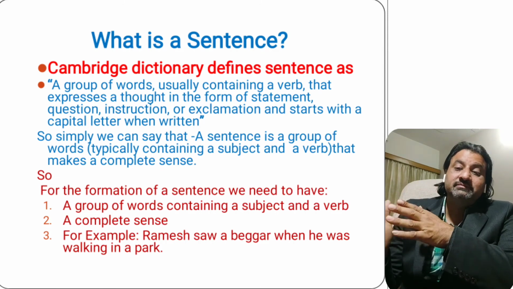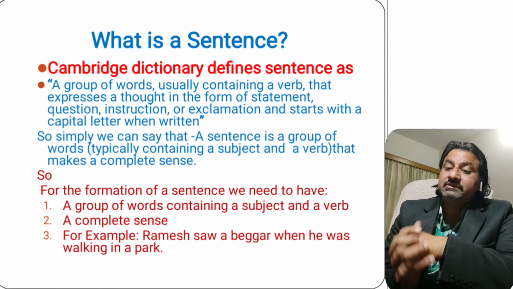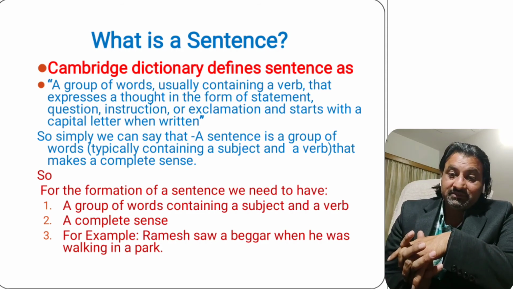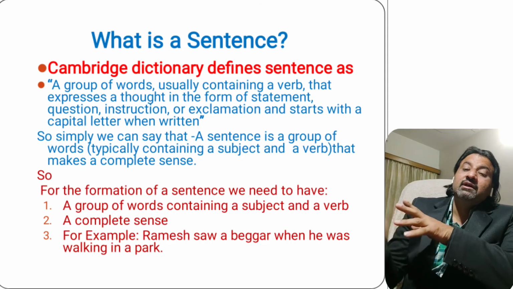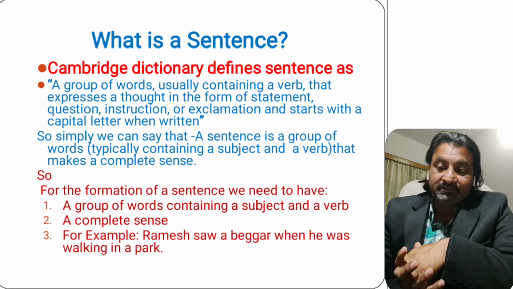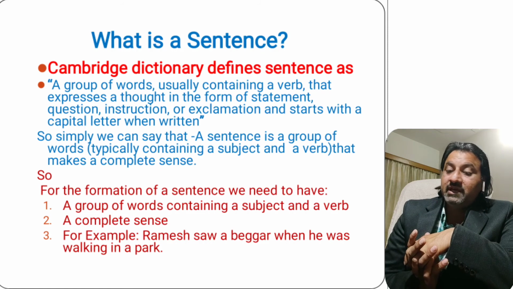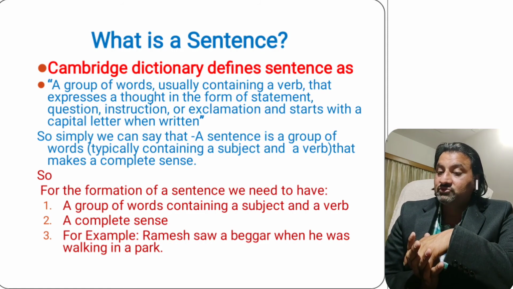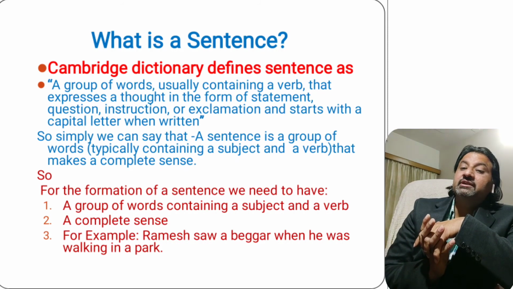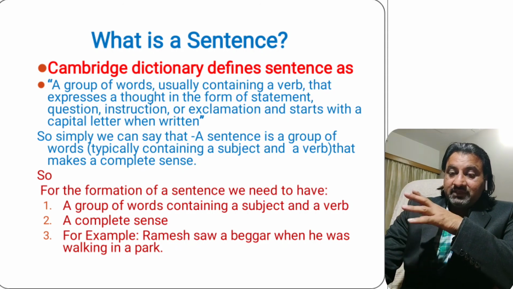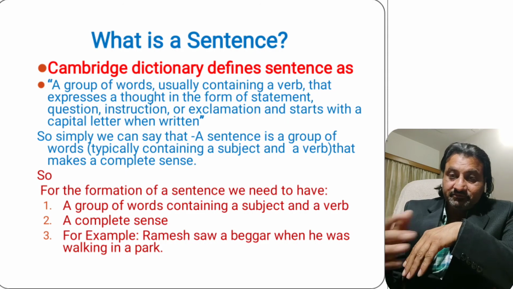So they must be arranged in a proper order so that it makes complete sense. For example, Ramesh saw a beggar when he was walking in a park. Here we have a group of words: Ramesh saw a beggar when he was walking in a park. This is a complete sense. This is a complete sentence.